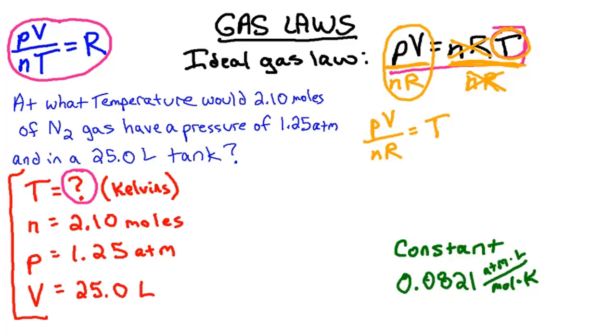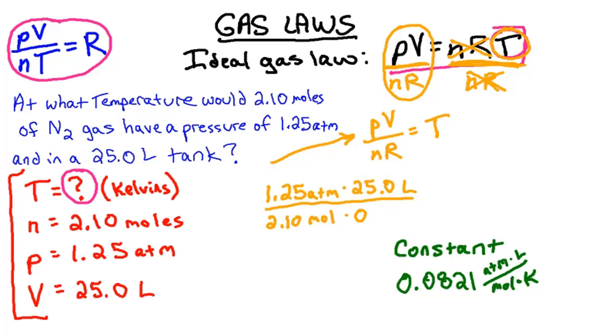That's our question mark, is temperature. So if we set it up and we plug in the numbers this way, PV over NR, we're going to get 1.25 atmospheres times 25.0 liters divided by 2.10 moles times our gas constant 0.0821 atmospheres times liters over moles times kelvins.